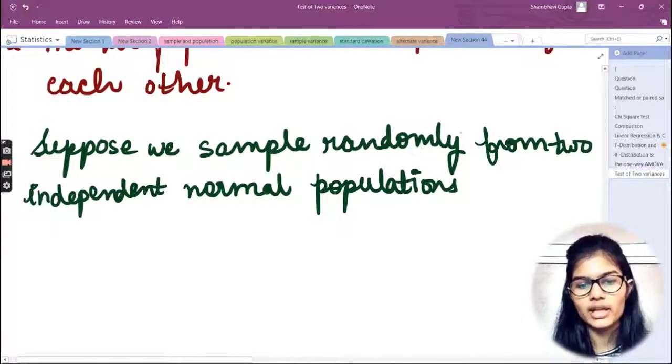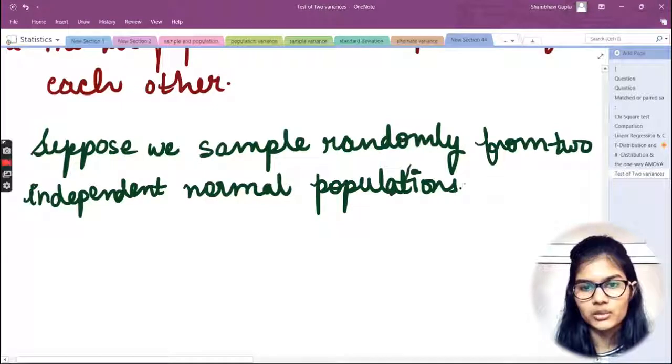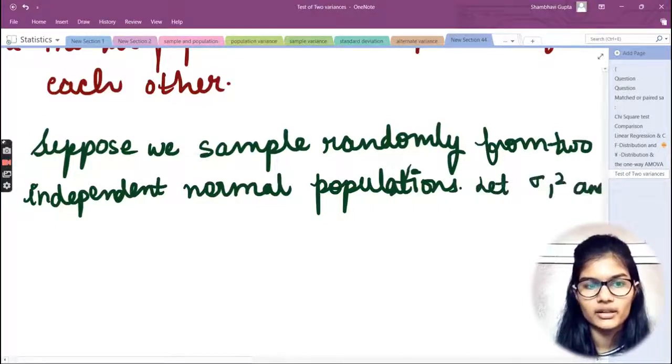Now, in that case, there are things that need to be put here, which I need to remember as well. Here we have sigma 1 squared and here we have sigma 2 squared.